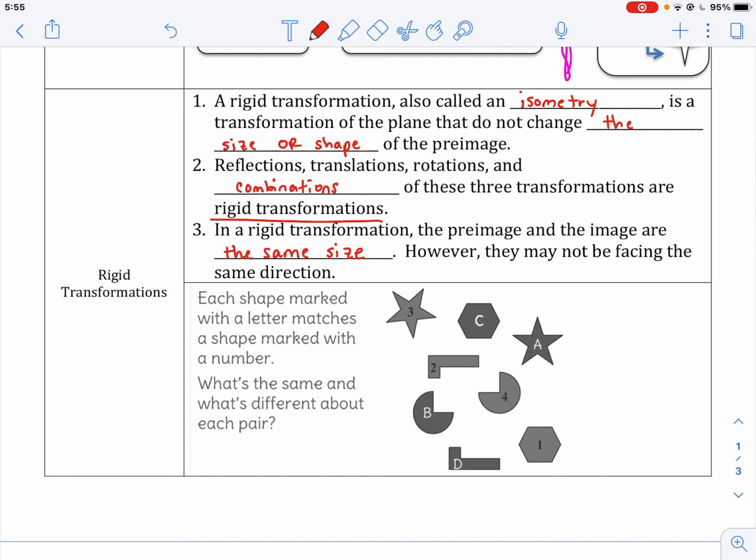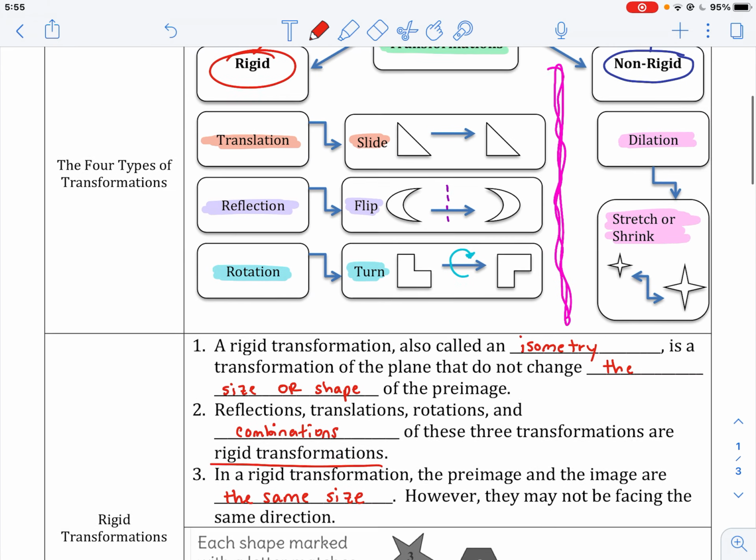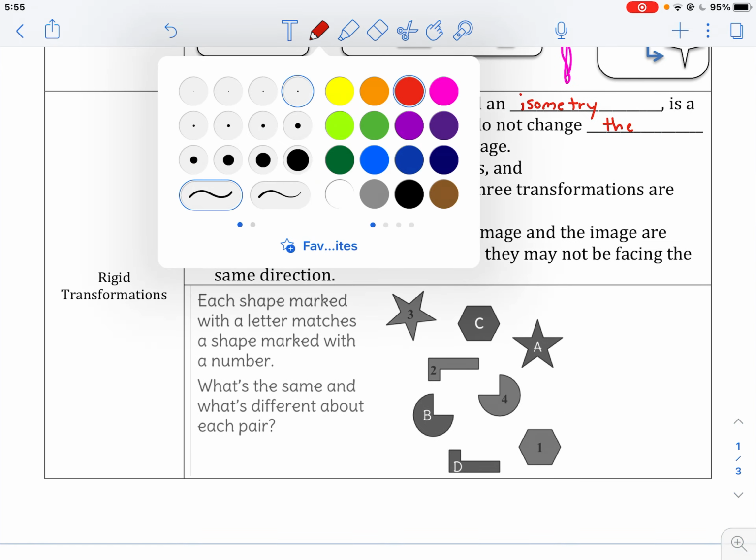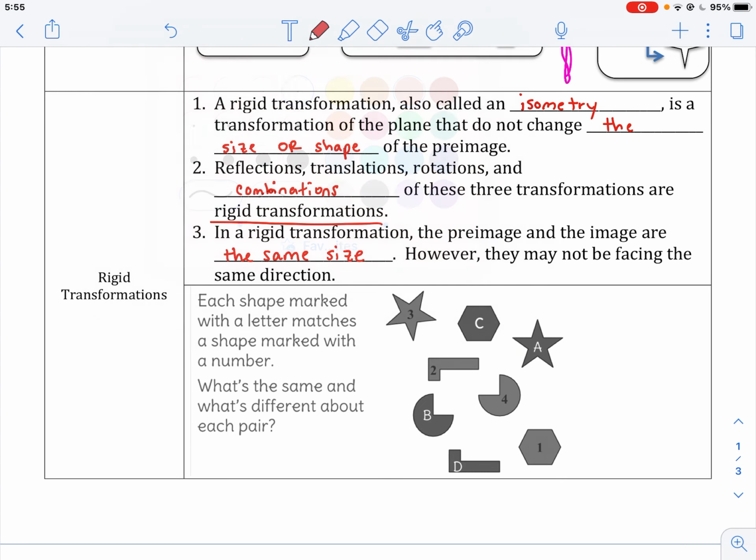So let's take a look at these examples at the bottom of our page. Each shape marked with a letter matches a shape marked with a number. What's the same and what's different about each pair? So let's take a look. A is going to match with 3. Now let's figure out what's different about them.